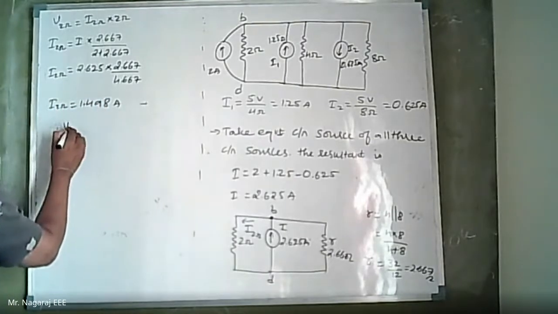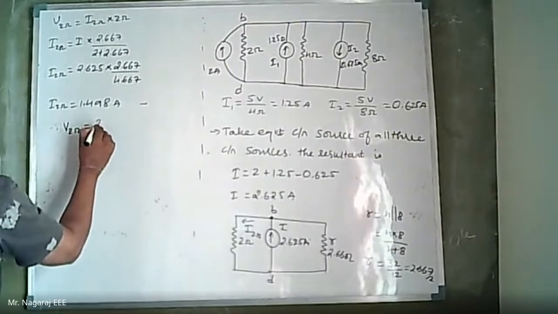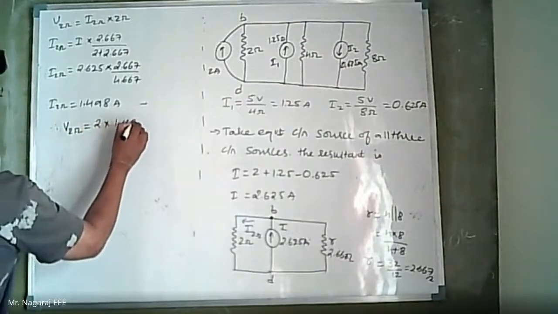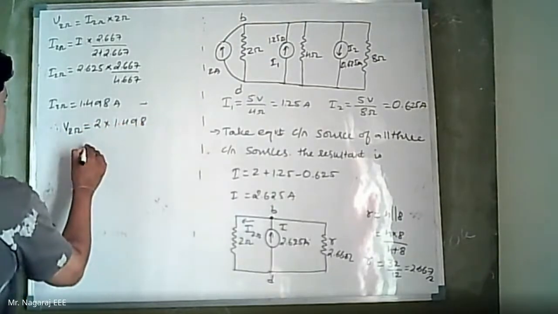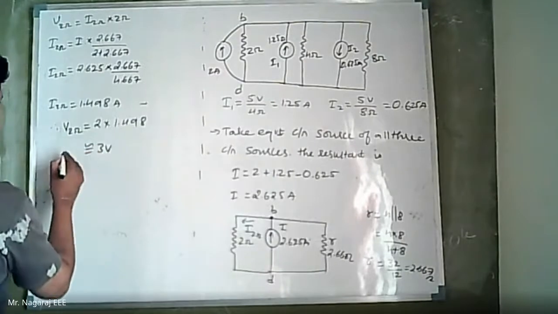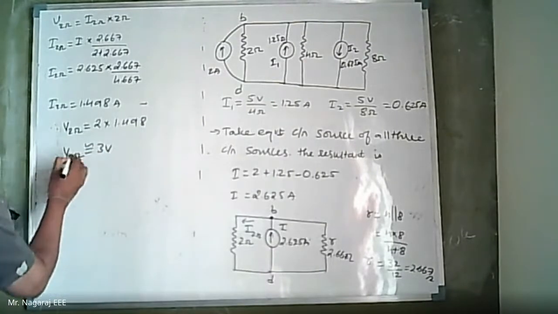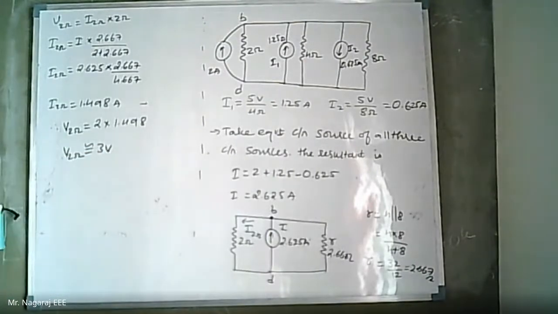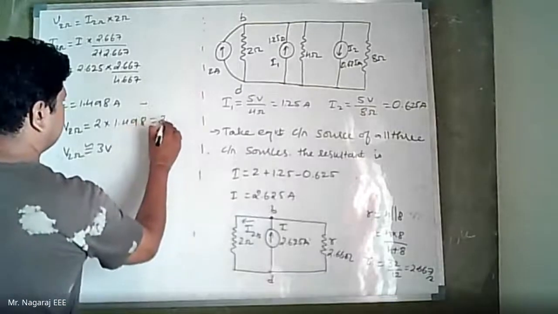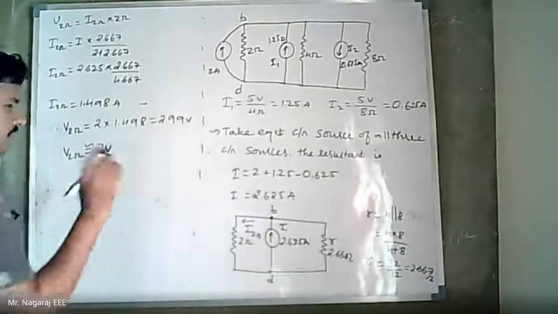Therefore, V2 ohm is equal to 2 into 1.498, so this is nearly 3 volts. You will get 2.99 volts, nearly 3 volts.